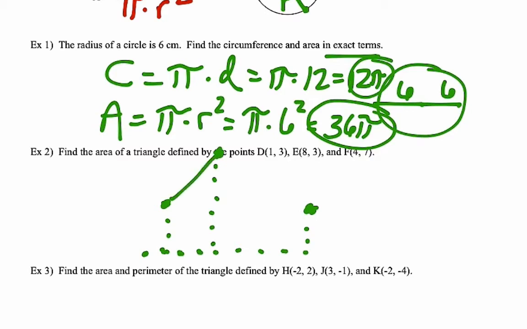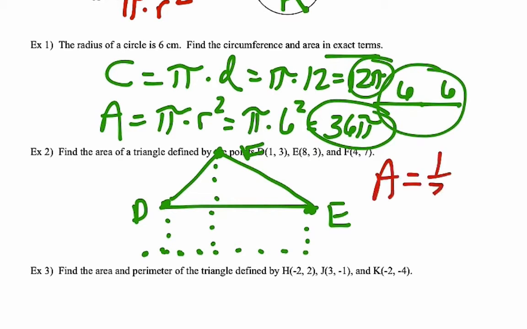So I make a rough sketch of my triangle using those points. So this would be D, E, and F. Well, remember, the area of a triangle is simply 1/2 the length of the base times the height.